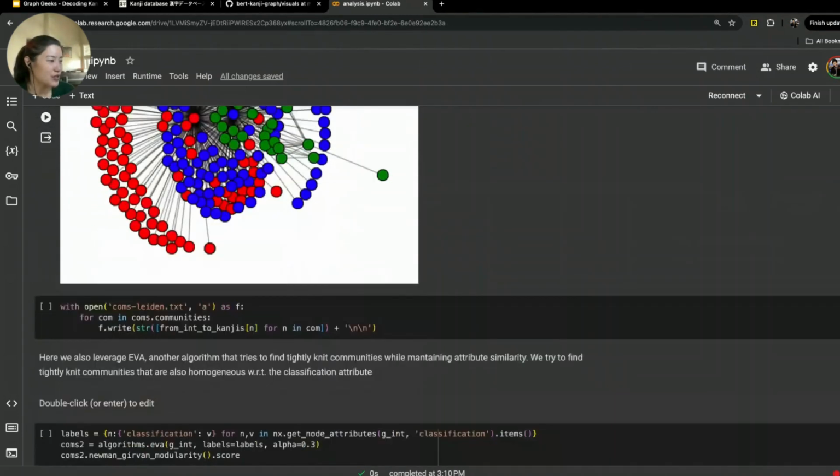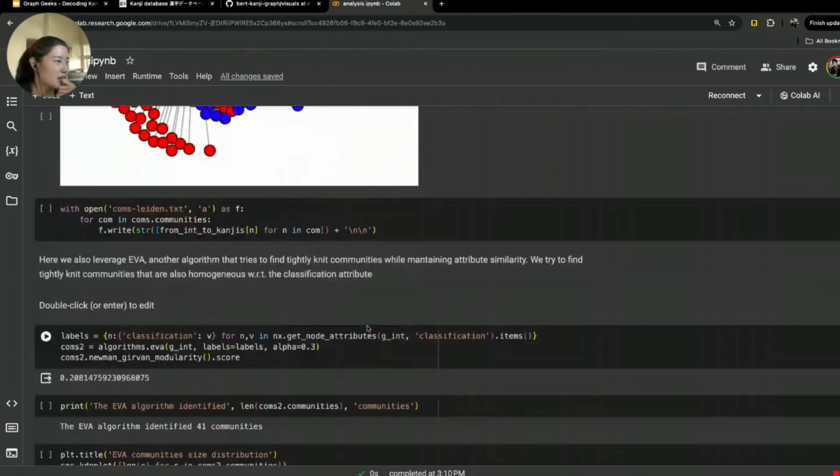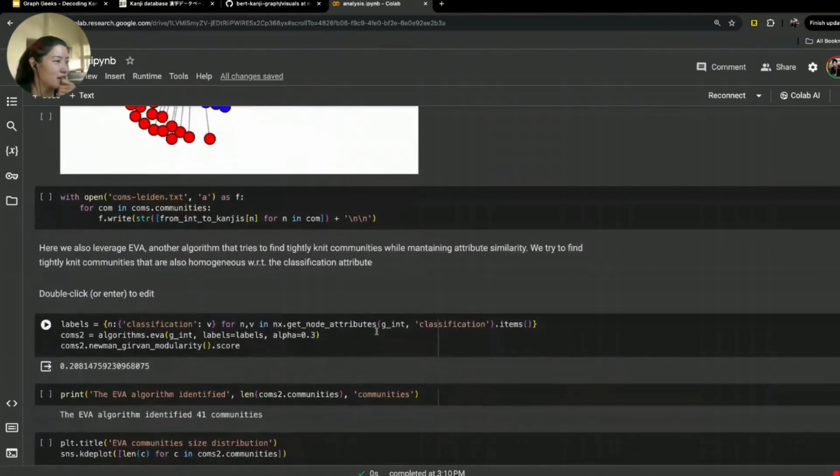And then we do some evaluation. I think there's nothing too crazy in here. Basically, the goal here was to find the tightly knit communities around these nodes, but also maintain attribute similarity. Remember, I had all those columns as well, not just cosine similarity, because we want to maintain some level of the semantics.